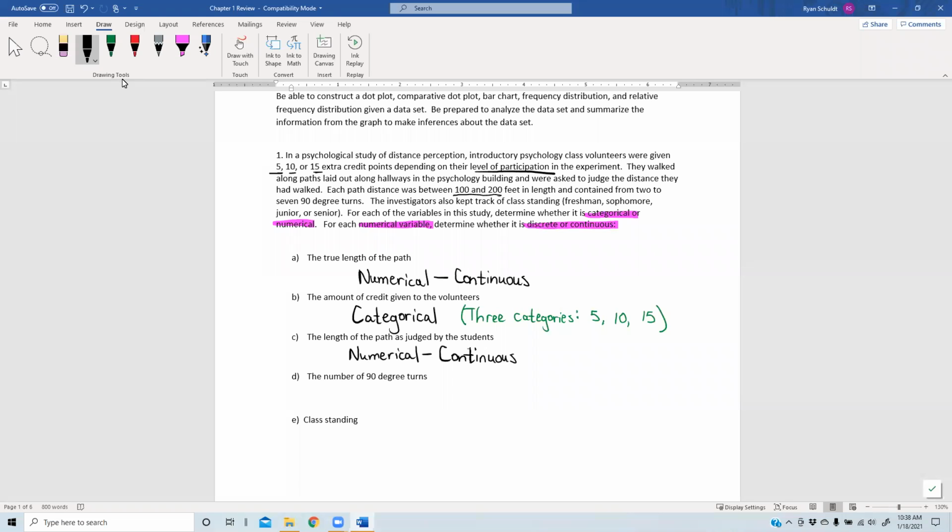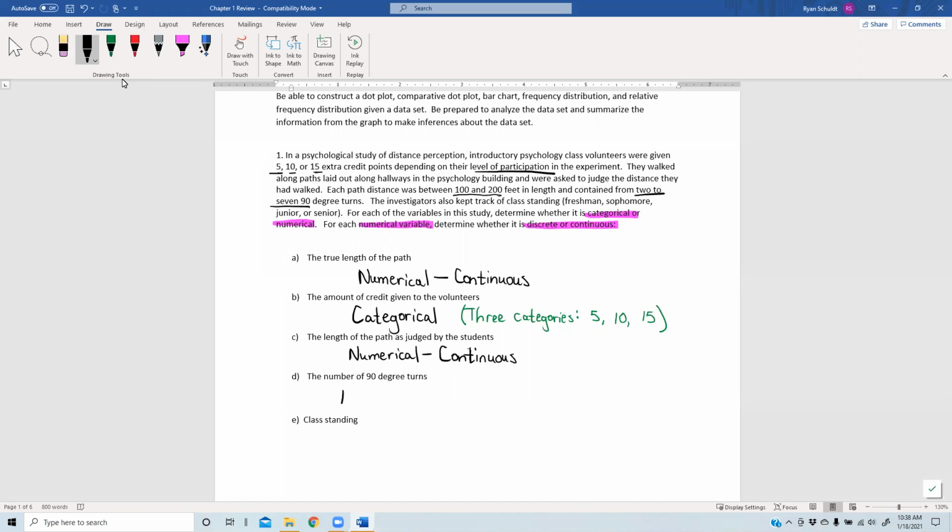The number of 90-degree turns. Well, can you have half of a 90-degree turn? No. It says there's anywhere from 2 to 7 90-degree turns. You can't have 2.5. It's either a 90-degree turn or it's not. So you can have 2, 3, 4, 5, 6, or 7.